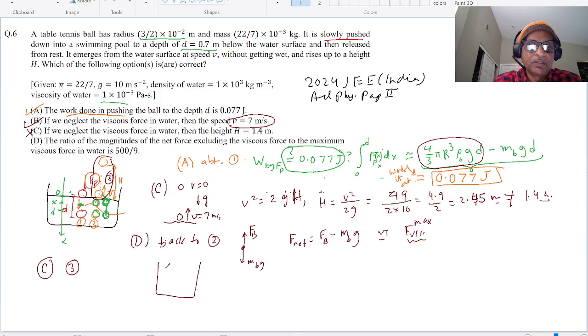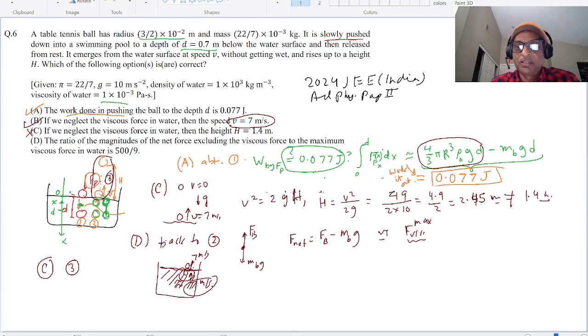Well, the ball is here. It's coming out over here. It just emerges at 7 meter per second. Just underneath this surface, we assume that this is also 7 meter per second. So that's where it's inside the liquid, and it's moving at 7 meter per second.